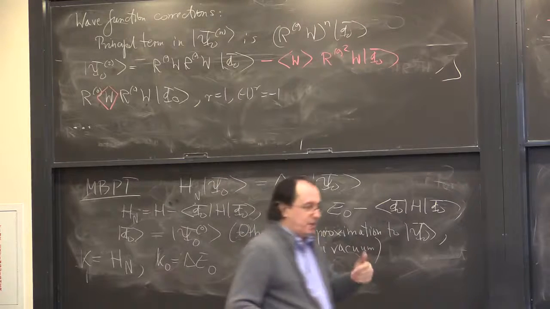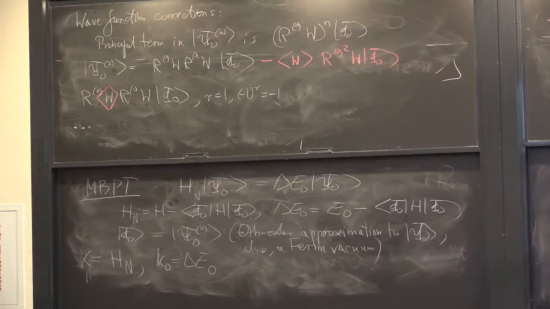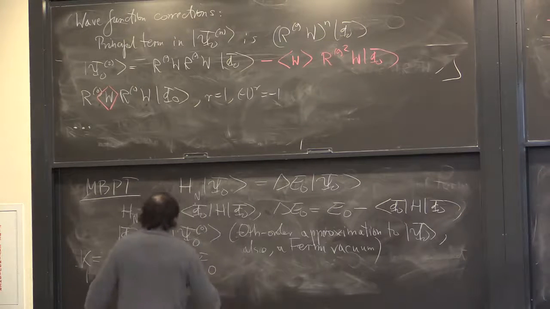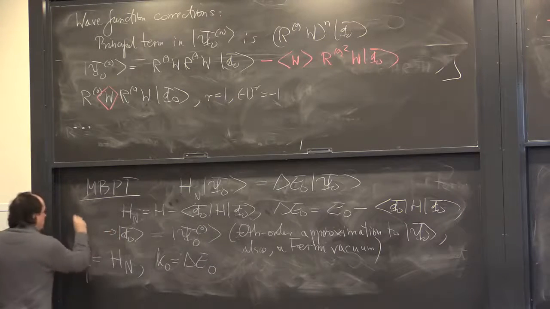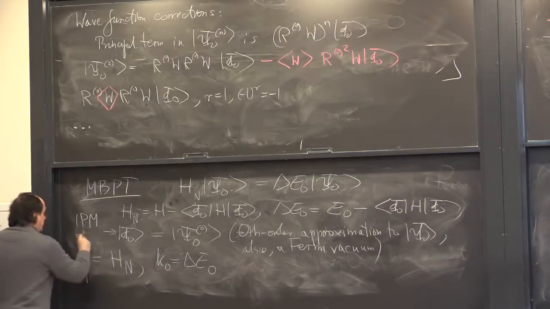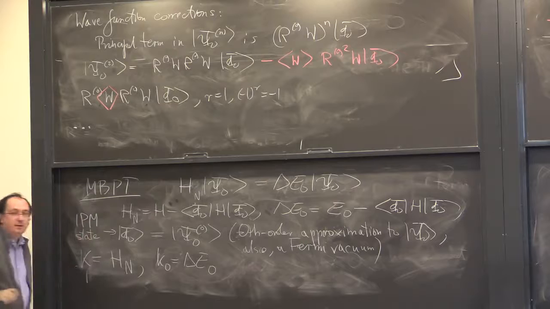Strictly speaking, if phi 0 is the Hartree-Fock state, then this is a correlation energy. And phi 0 is simply an independent particle model state, I used that acronym, I think, before, IPM state. So it's a single determinant.